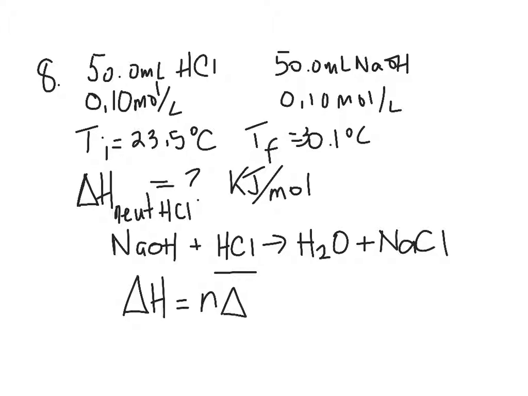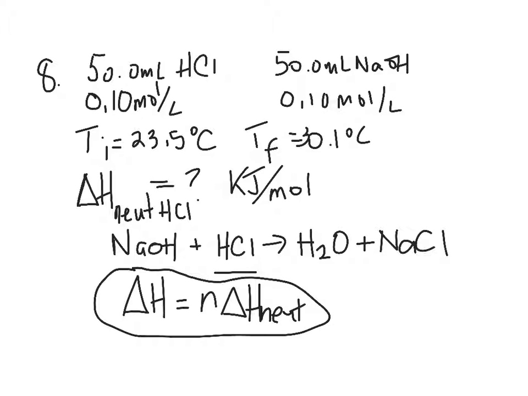Well done. So this is how we're going to find the molar enthalpy, because this has to do with the system. We're going to need moles of HCl, and we're going to need to find the enthalpy change for the reaction of these two substances together.